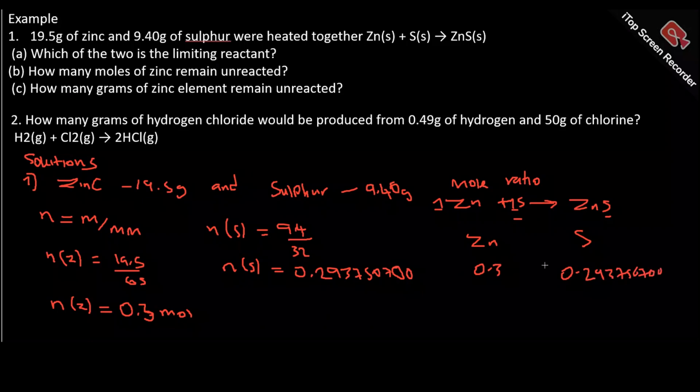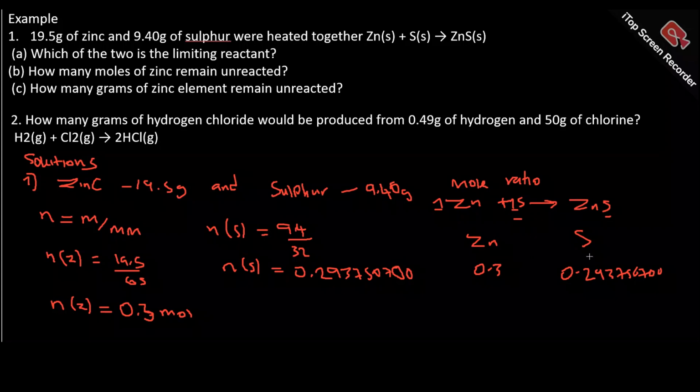Now, between these two numbers, which one is more? This is the more ratio. But if you're not doing this, you start forgetting. You'll be thinking what you're doing is correct, but it is totally wrong. So make sure you focus on it. You divide by the coefficient from the balanced chemical equation.